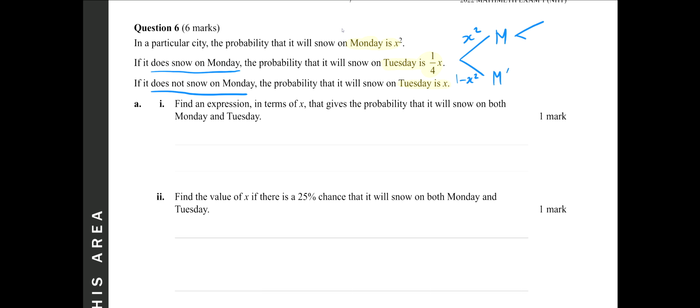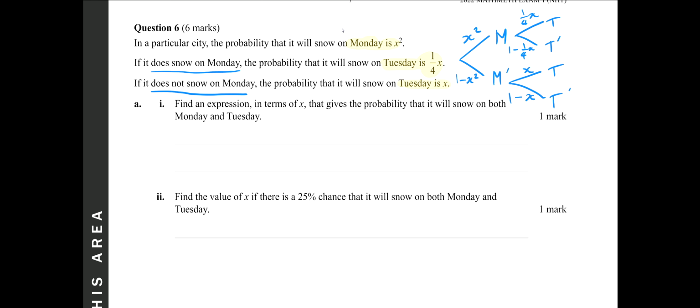If it does snow on Monday, it will snow on Tuesday with a probability of 1/4 x, and therefore we will have 1 minus 1/4 x chance of no snow on Tuesday. In a similar manner, if it does not snow on Monday, then the probability it will snow on Tuesday is x, that will be x on the top, and then the probability of no snow on Tuesday, following no snow on Monday, is going to be 1 minus x.